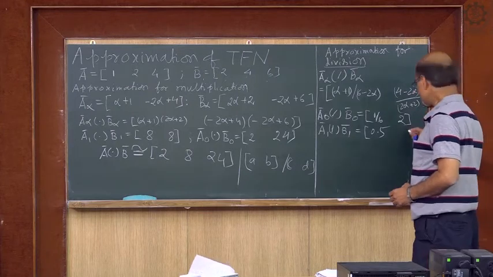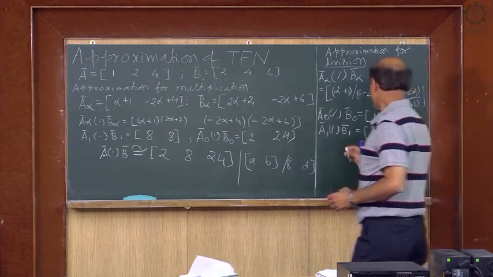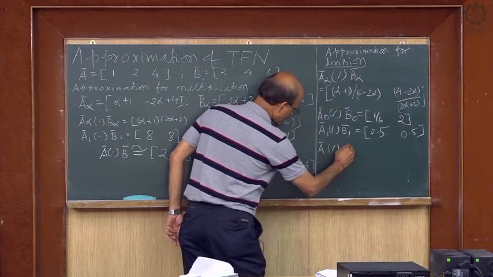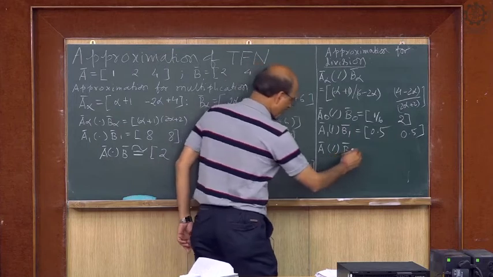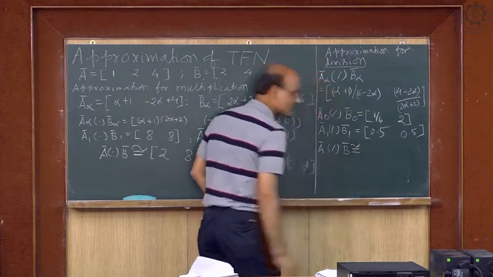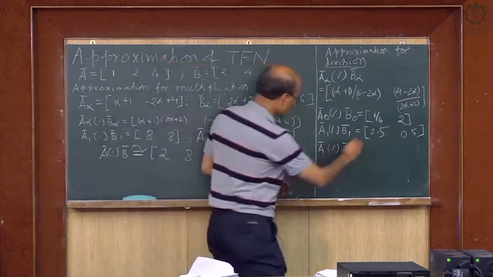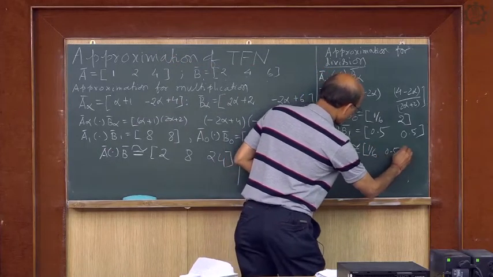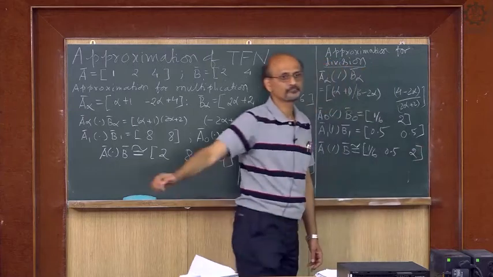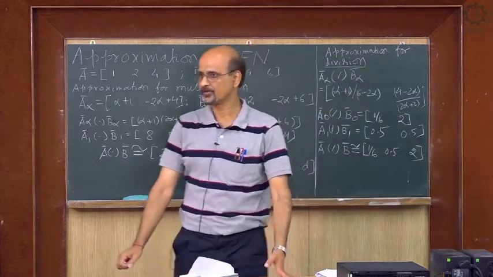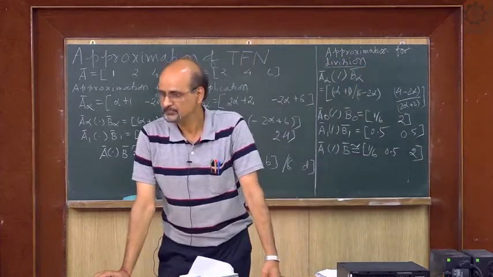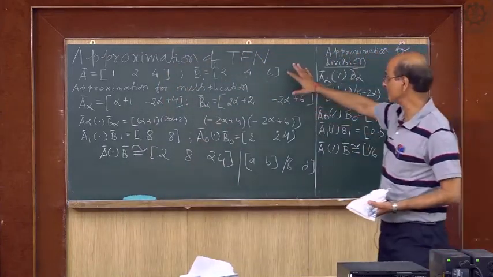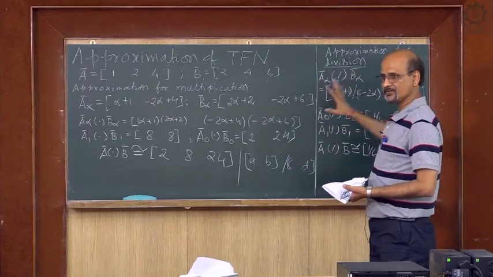Okay? Yes. So, I have then A bar by B bar as approximately equal to 1 by 6, 0.5, 2. Fine. So, for TFN you can do then addition, subtraction and approximated multiplication, division, etc. using your alpha cut.